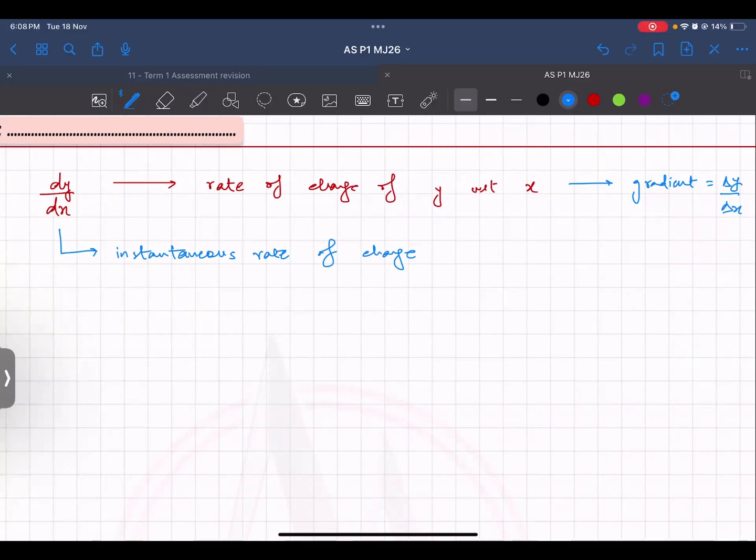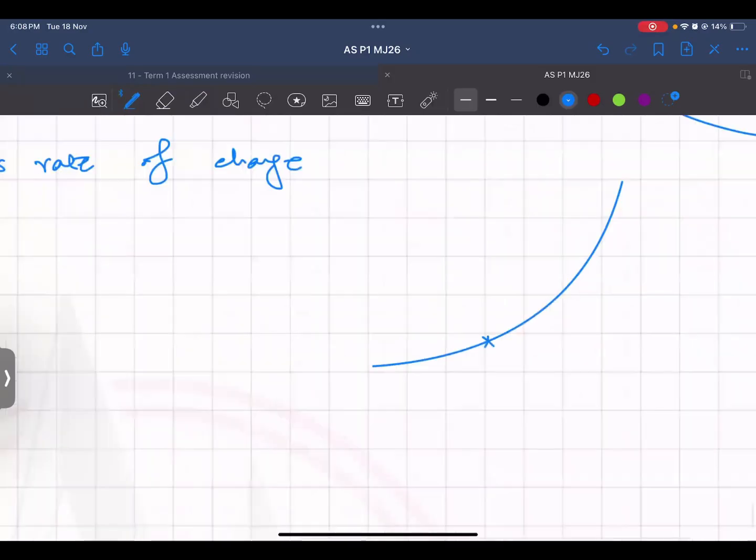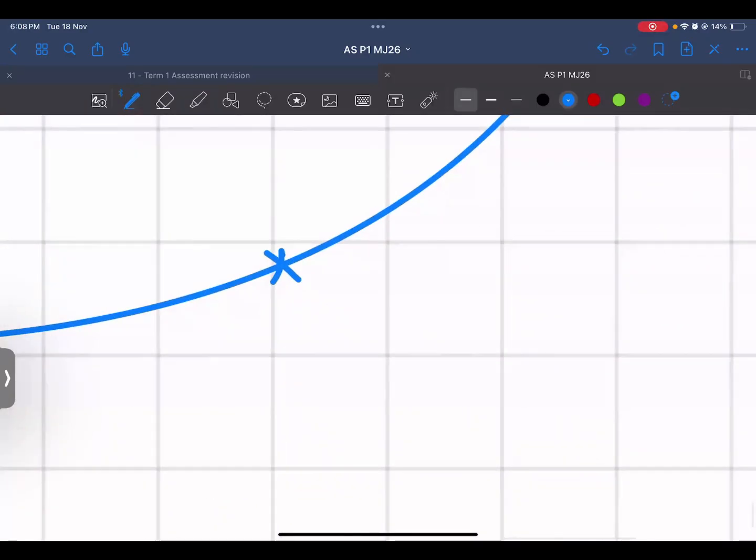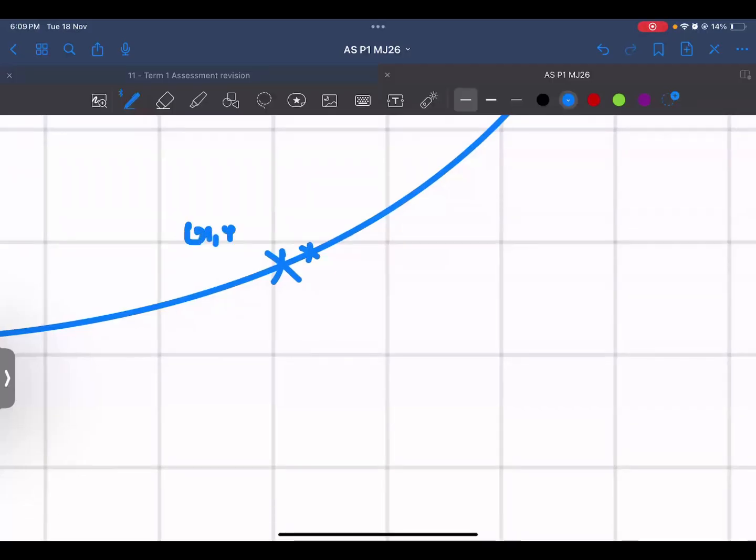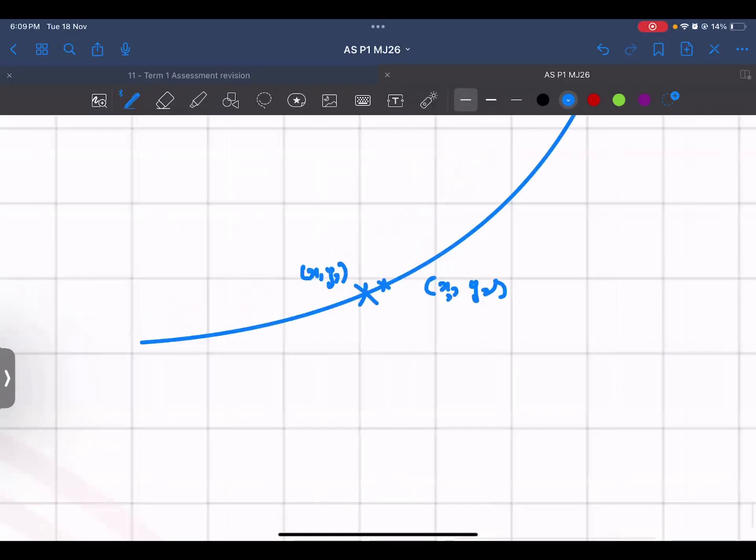For example, if you have a curve and you are trying to find the gradient at this point using the formula, what would you need? You would need another point which is very, very close to this point. So you have two coordinates, x1 y1 and x2 y2, and then you use the gradient formula, which gives you the gradient of the line joining these 2 points.